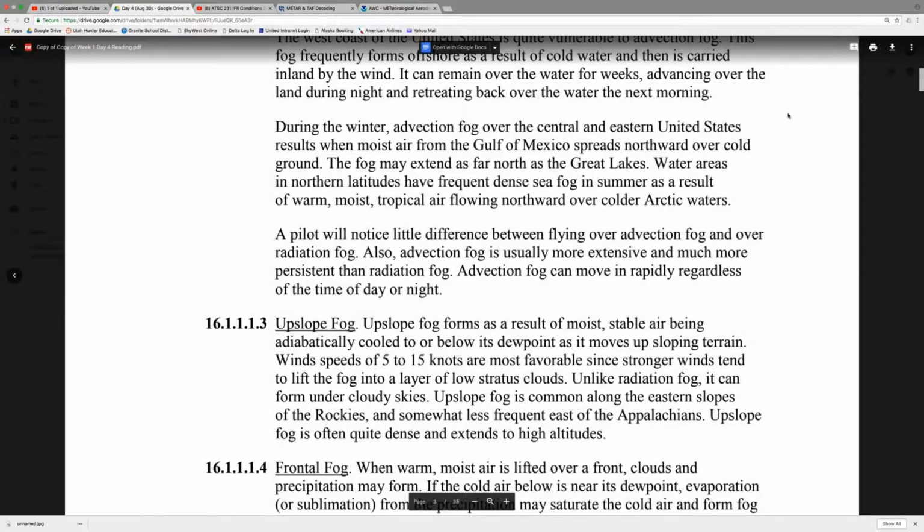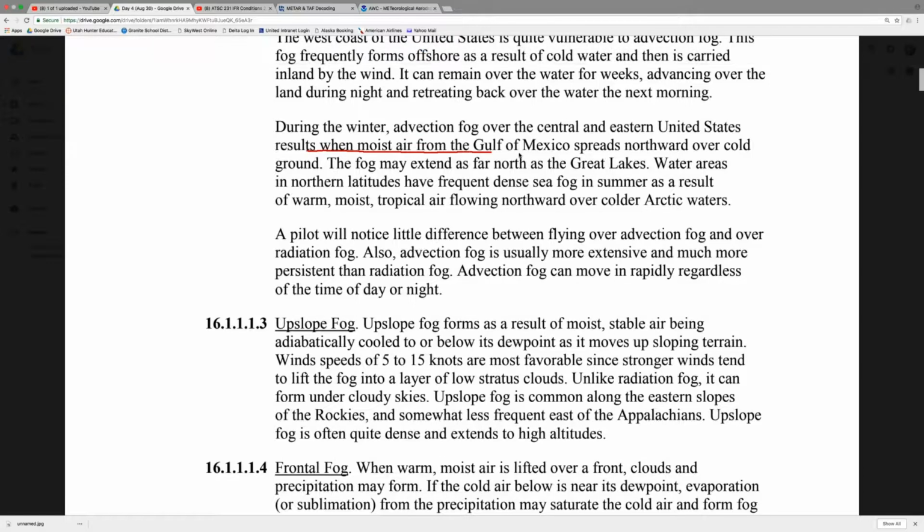See this? This shows you how far it can spread. Moist air from the Gulf of Mexico spreads northward over the cold ground. The fog may extend as far north as the Great Lakes. So we're talking thousands of miles that it can extend.